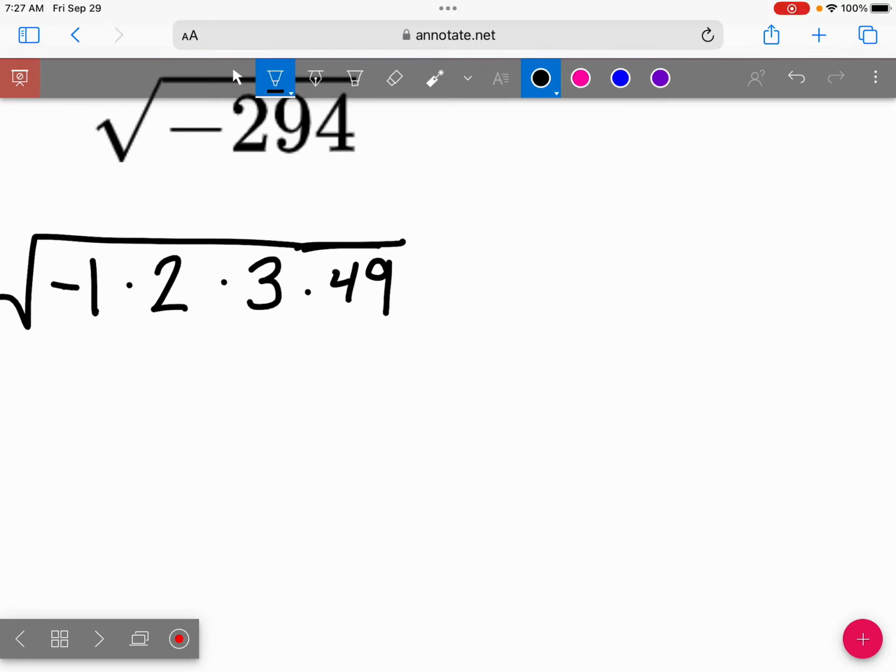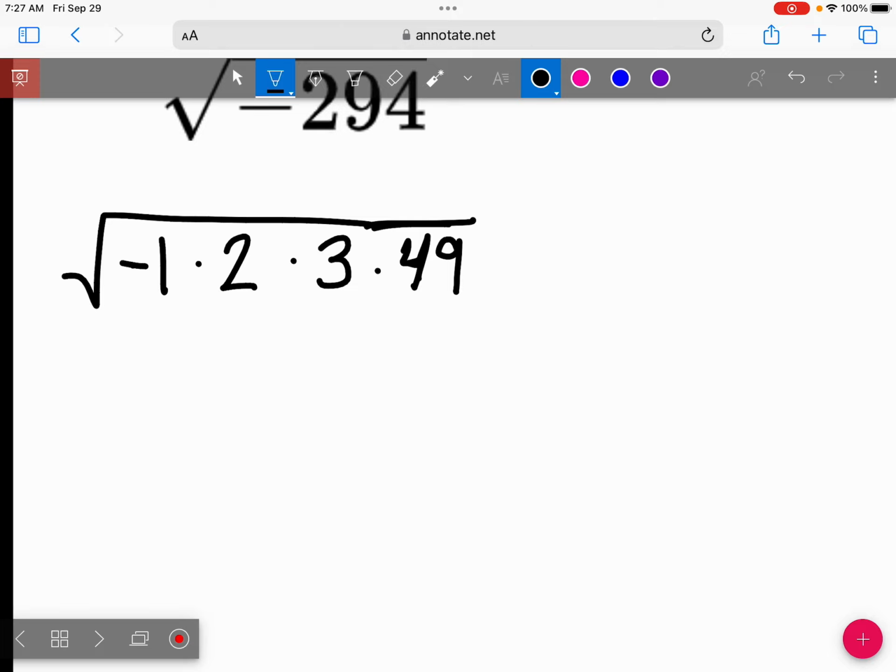So we're going to divide by prime numbers until we get somewhere that has a perfect square. Because I like 49. 49 is a good friend. We love it. Because again, I can break these up.